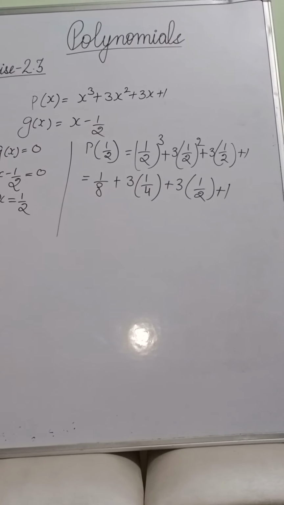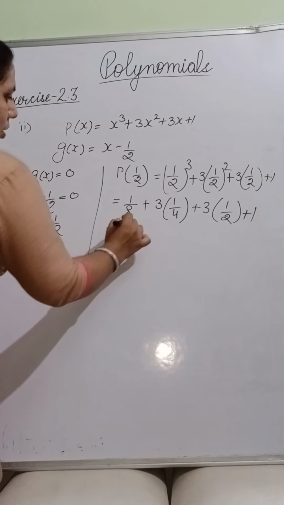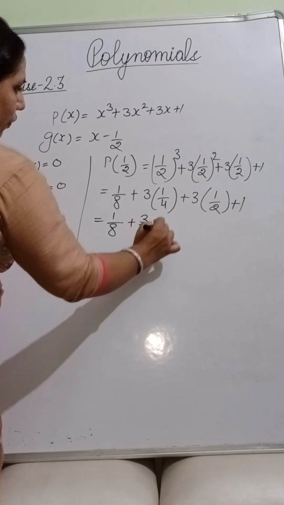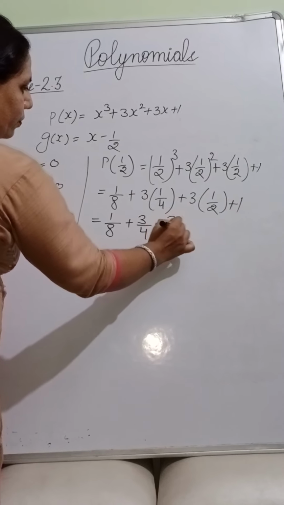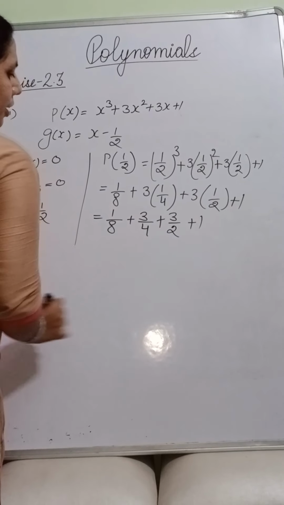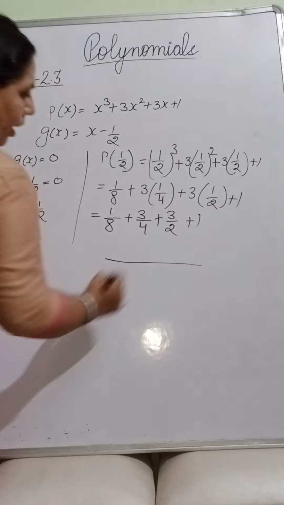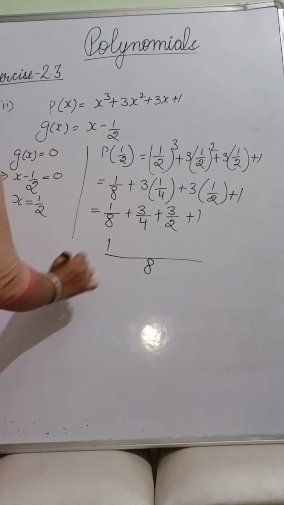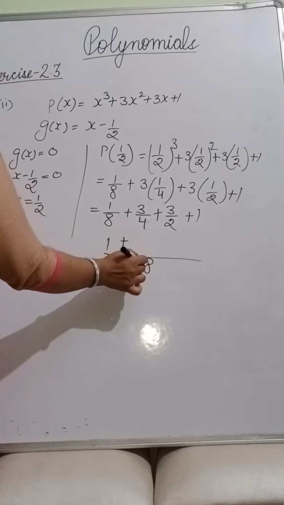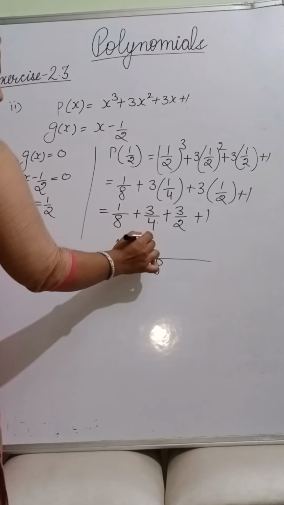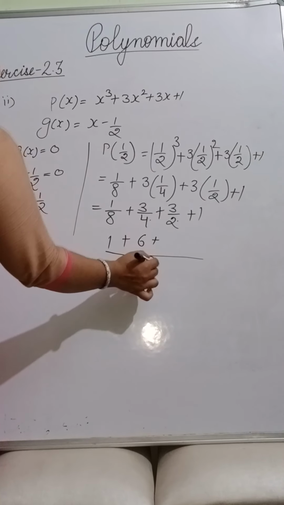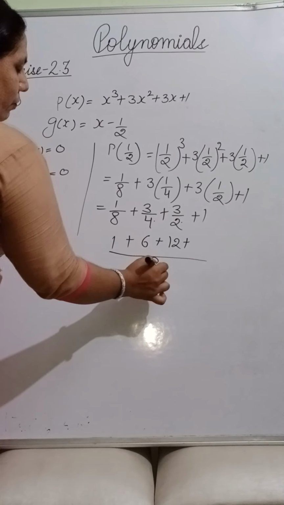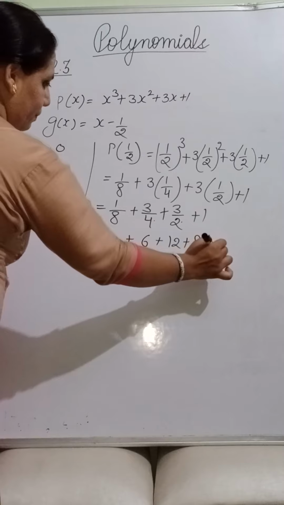Now what will you do, students? Write these terms. 3 into 1 by 4, 3 by 4, 3 into 1 by 2, 3 by 2 and then plus 1. Take LCM, 8 will be the LCM, then here 1 will come, then 4 2s are 8, 3 4s are 12, 2 3s are 6, and then 1 8s are 8.